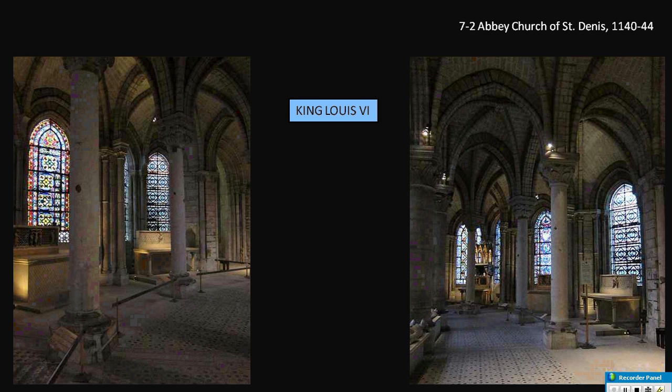And it had become a major burial site. So for Louis VI, in the 1140s, there's obviously a reason to have a glorious new church rebuilt to show off the lineage that eventually led to him and his power.